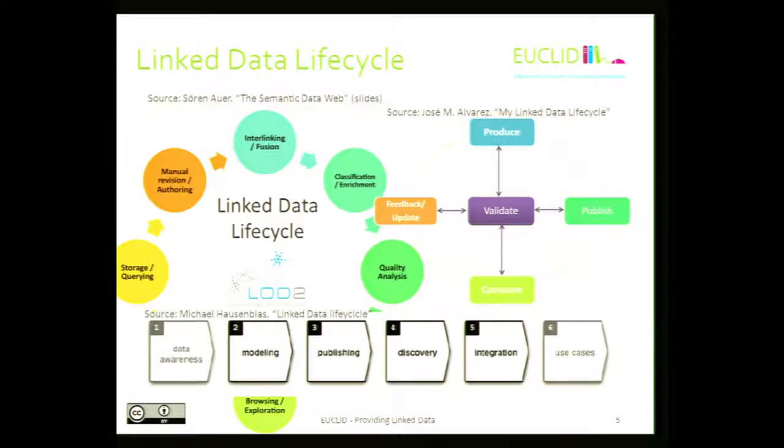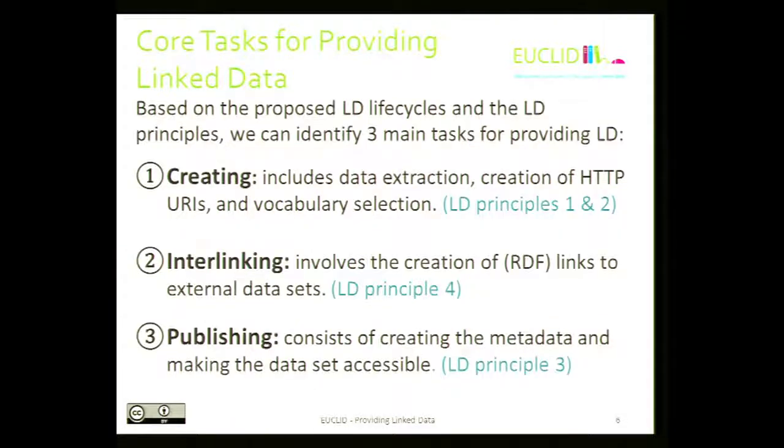They focus here on discovery, which is quite important. Again, we'll have more to say about that. Integration of further data, and provision of use cases to show how it can be used. So within our use case, which is building a music portal, we concretize this stuff down, abstract it into 3 tasks: curation, interlinking, and publishing.